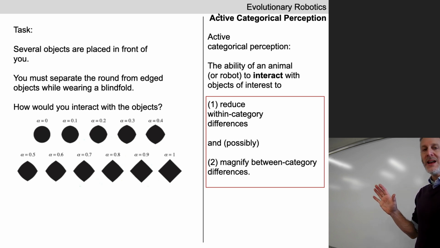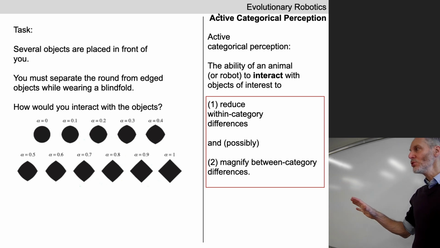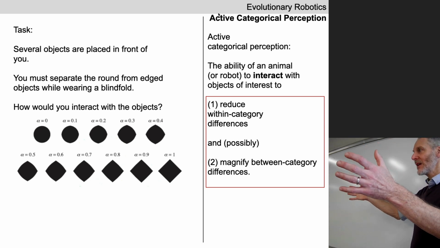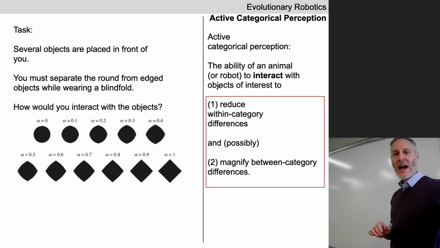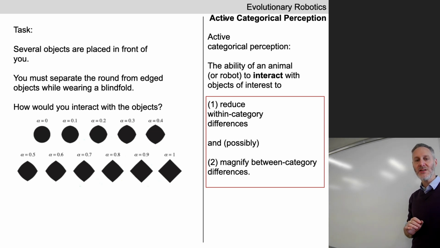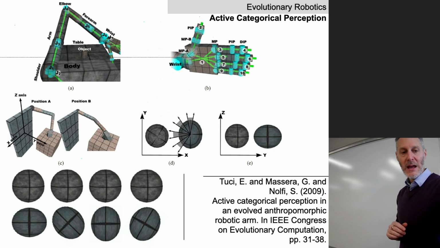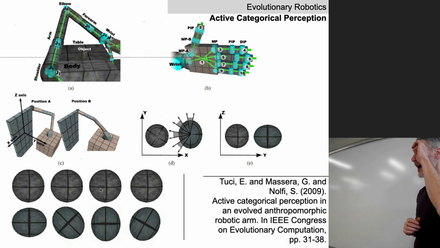So perform an action that reduces those differences that exist across objects that belong to the same category. And then at the same time, as you are acting and manipulating these objects, magnify between or inter-category differences.